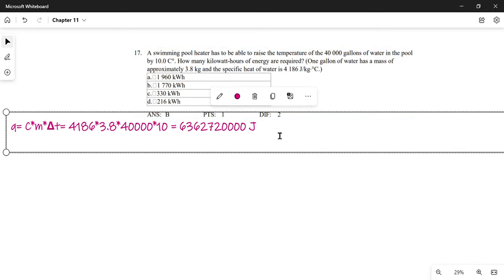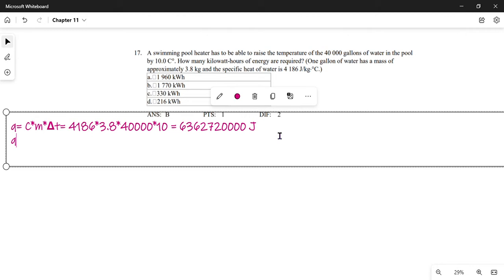Okay, now we calculated the energy. We just have to convert it to kilowatt hour. The conversion factor from the joule to kilowatt hour is dividing the joule over this number, which is approximately equal to 1770 kilowatt hour.